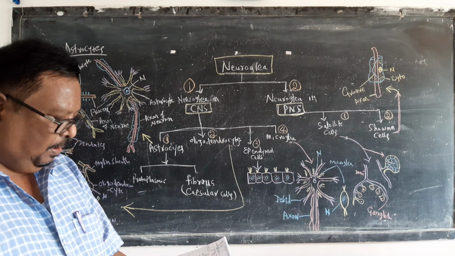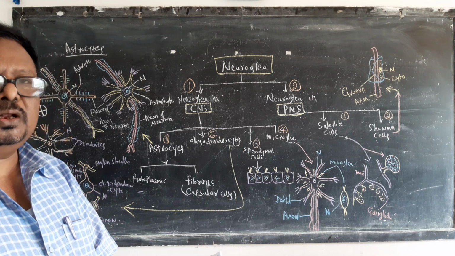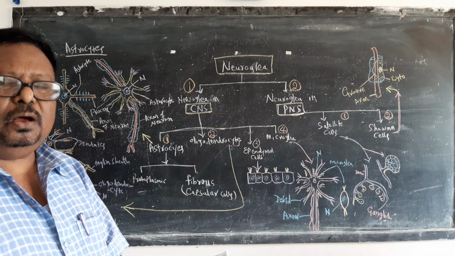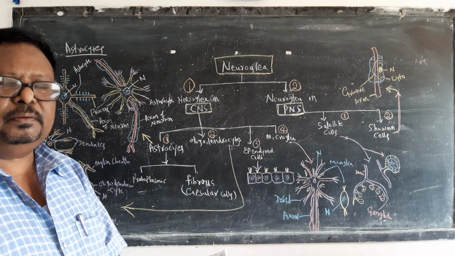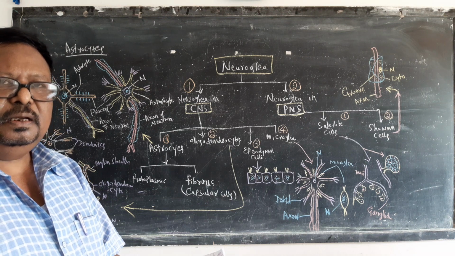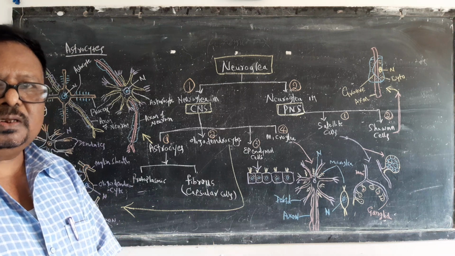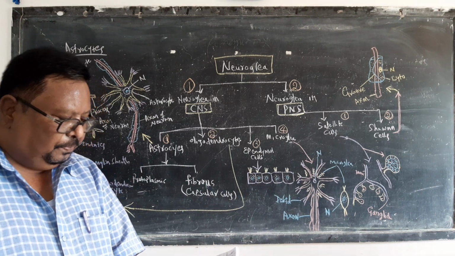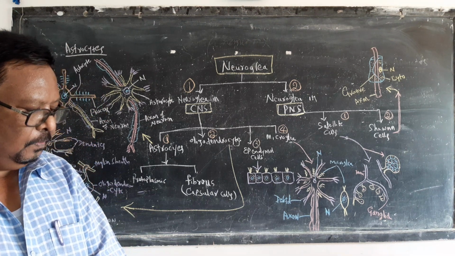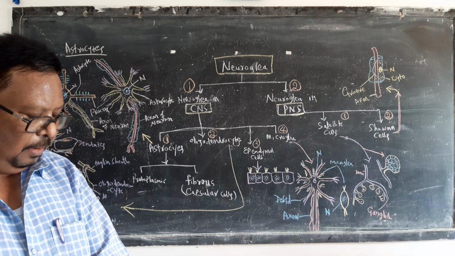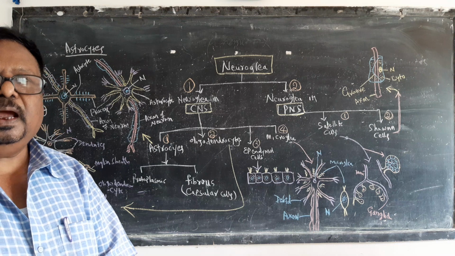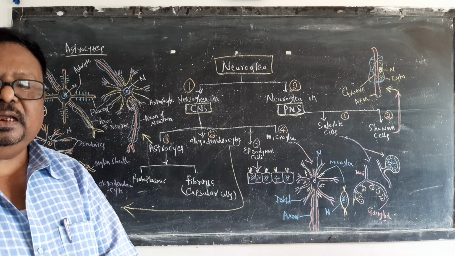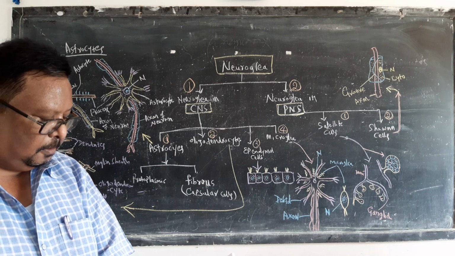They control the chemical environment around the neurons. So the neurons have the control of astrocytes for chemical environment, and the chemical environment is maintained perfectly around the neurons.